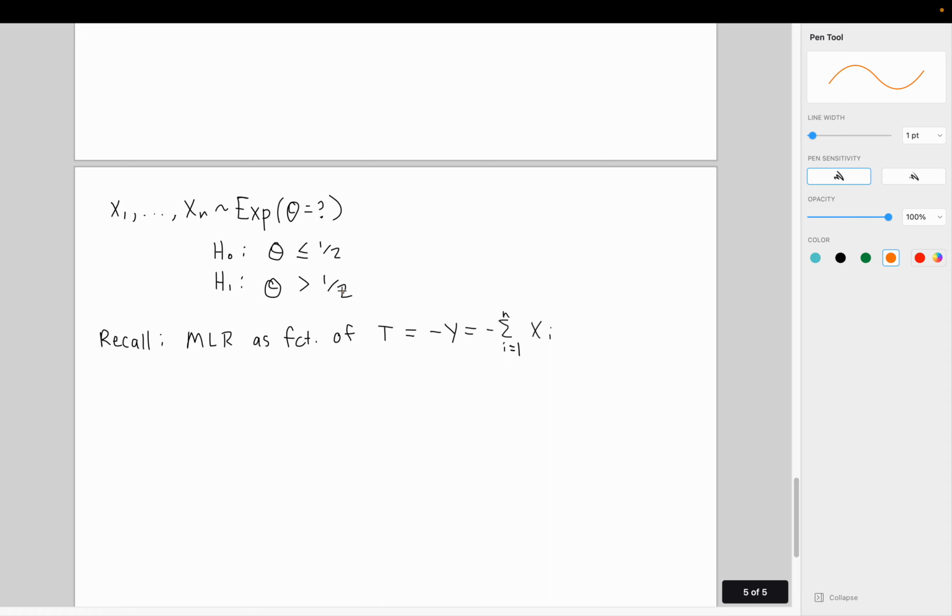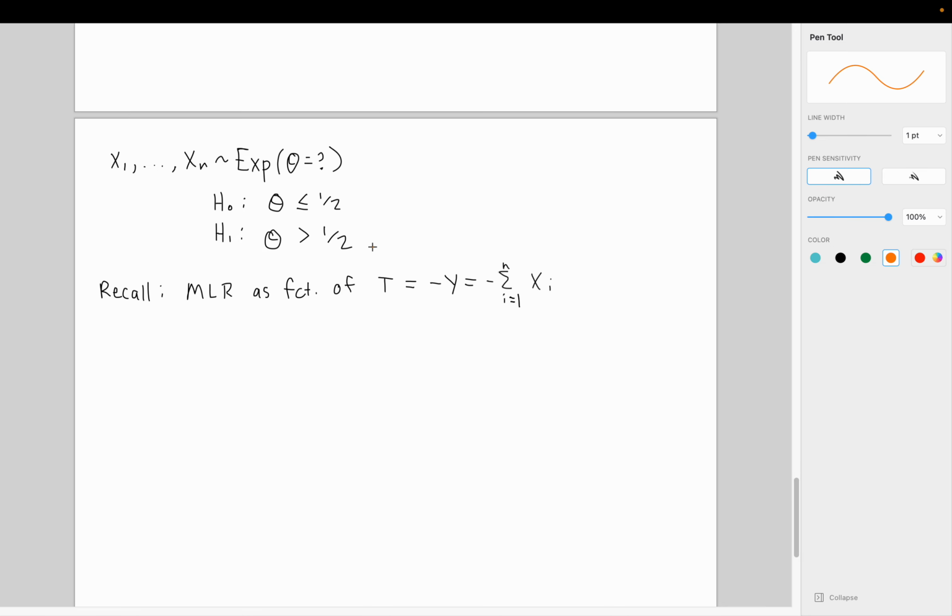Consider the exponential random data where we have this unknown parameter theta, and we have this hypothesis where theta is less than or equal to 1/2 under the null hypothesis, and theta is greater than 1/2 under the alternative hypothesis.